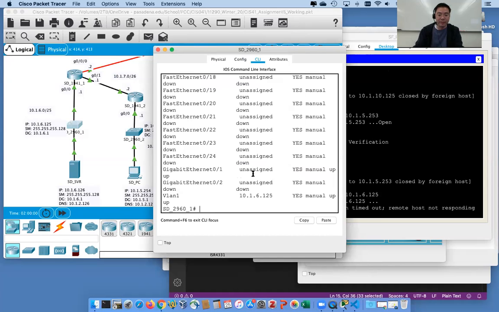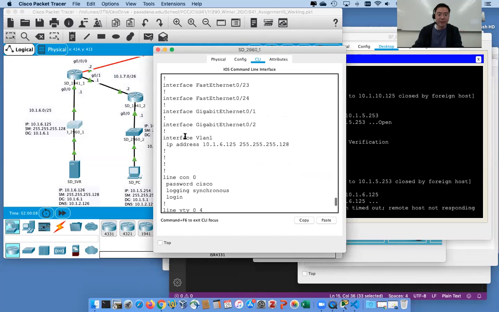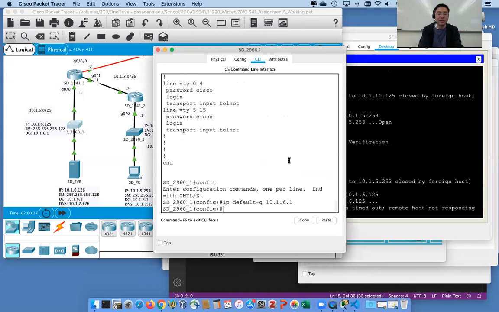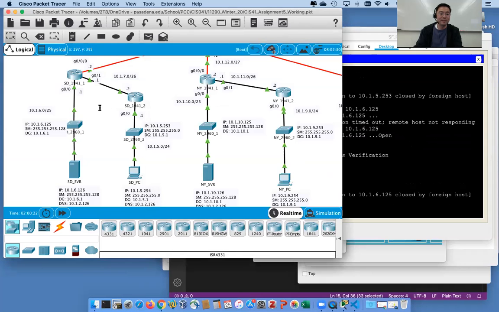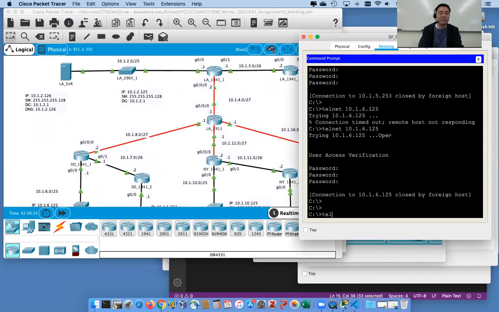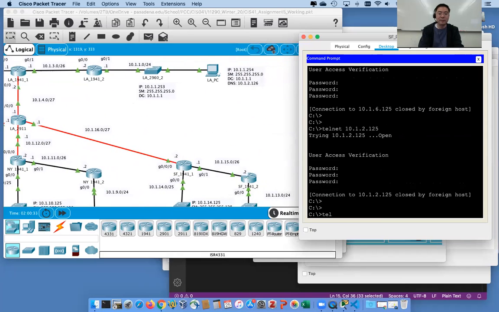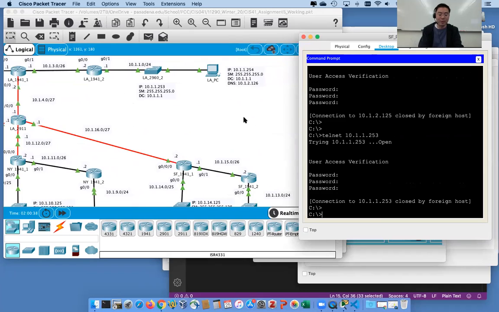IP int brief 10.1.6.125. No default gateway. Okay, come back over here to the host and we're good. Okay, good up on here. And here, good here. One more test.